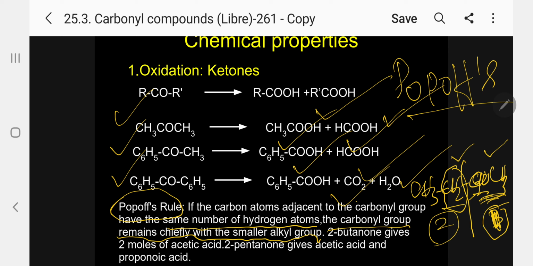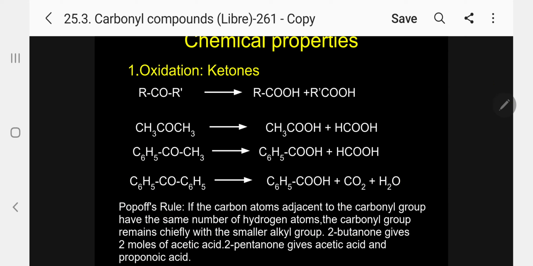This is Popoff's rule. So 2-butanone gives 2 moles of acetic acid. Suppose I take another example, 2-pentanone, CH3 and so on. Please note this is not there in your book.